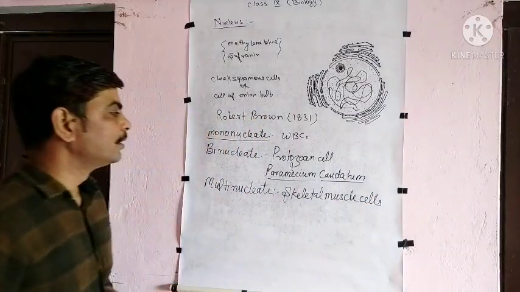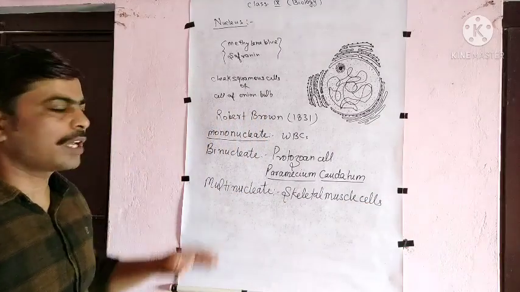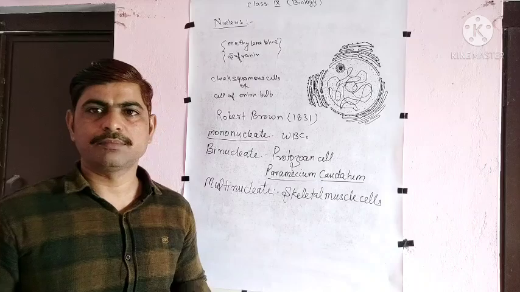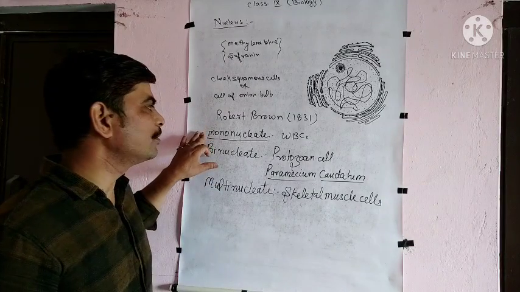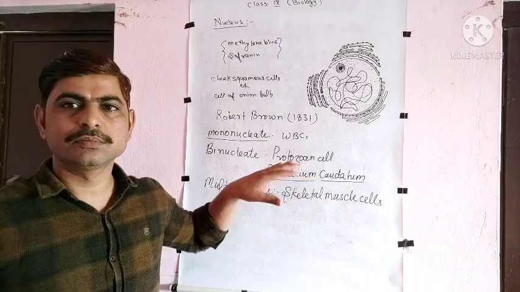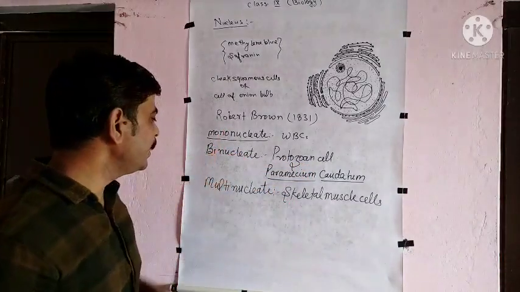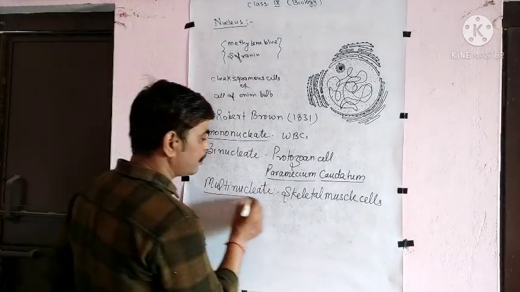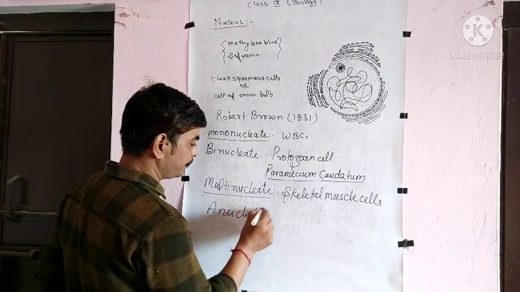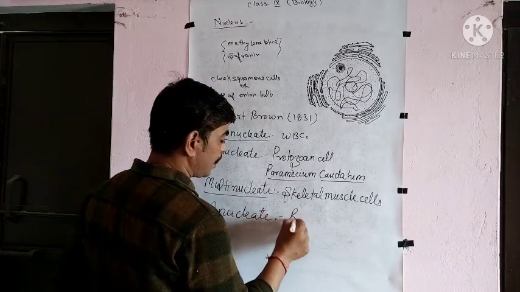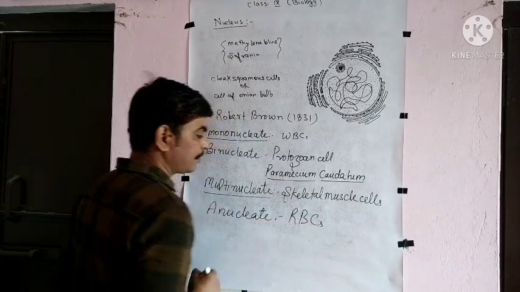Okay, so most of the eukaryotic cells have a single nucleus, but some are called mononucleate, that is the WBCs, single nucleus. Anucleate are also those that do not have a nucleus, like RBCs.